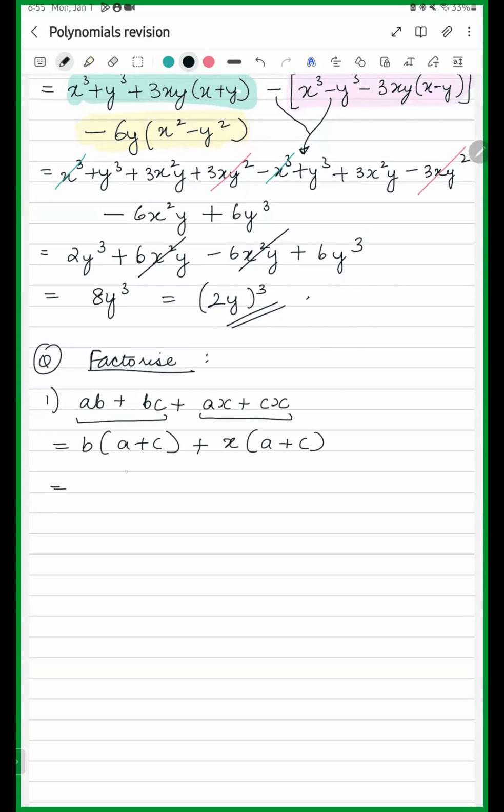Now again, what is common in both of these terms? There are two terms here, the first term and the second term. This bracket is common, so we take it out. And b plus x is what we are left with inside the bracket. So this is the answer.